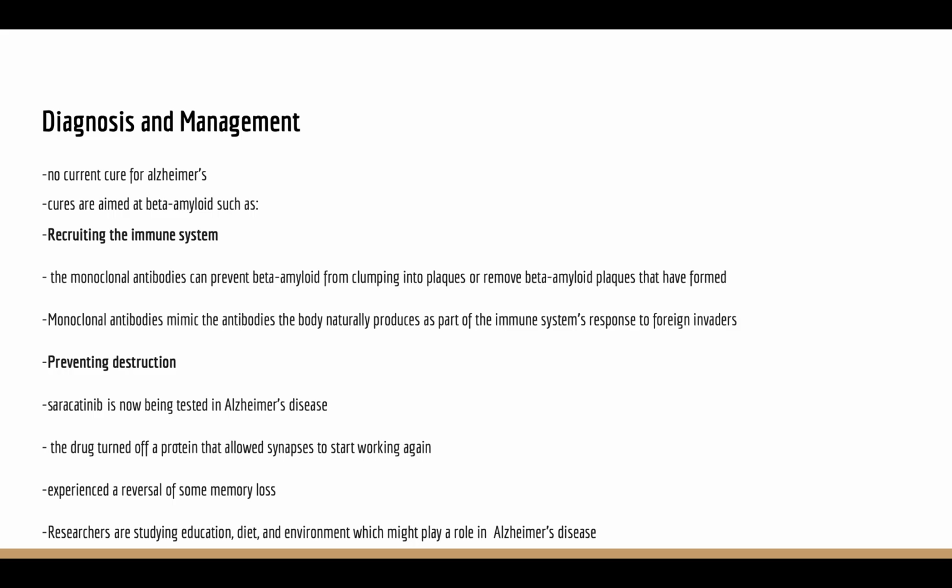The other is preventing destruction: the drug turns off the protein that I was talking about, which allows the synapses to start working again. They did this with mice, and there was actually a reversal of some memory loss. So they're still testing that out in Alzheimer's patients. So good luck to them.